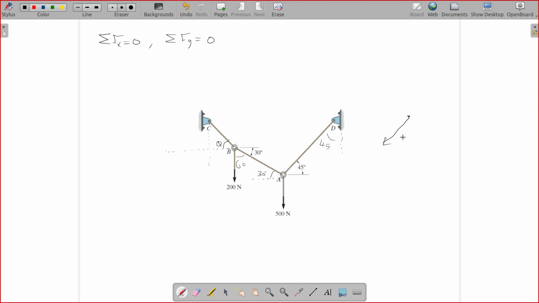Let's say tension in the part BC is T1, this is T2, tension in the part AD is T3. So T3 will be the force on the junction due to the tension from the rope.